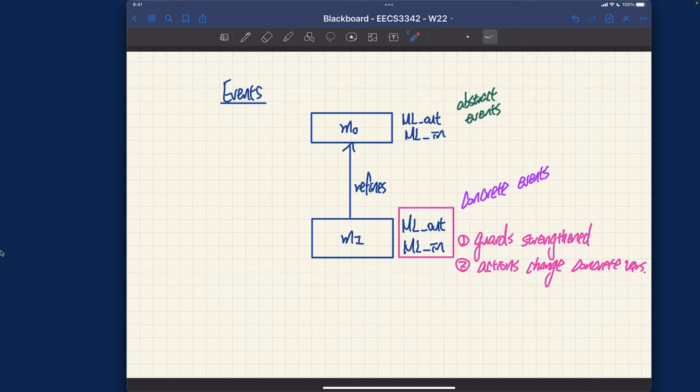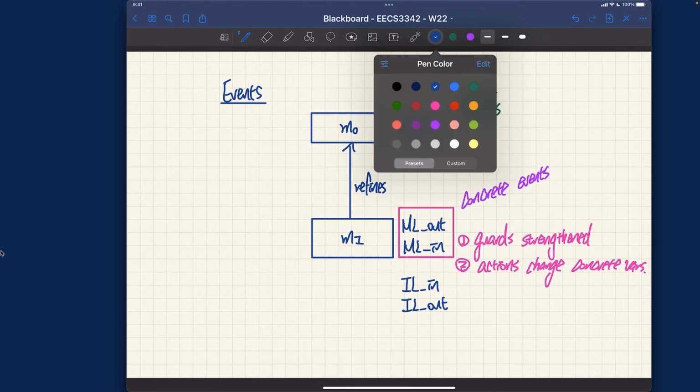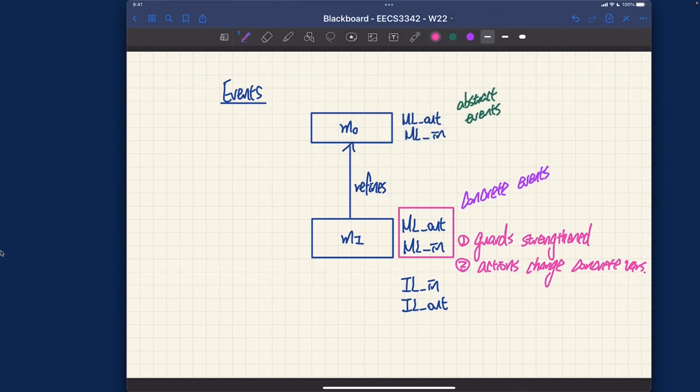And the complication will be added when we talk about new events. So let's now talk about the two events we're going to introduce this week. They will be called ILin and also ILout. I will explain what these two events really mean in a moment. But for now, let's just see how we are supposed to refer to them.